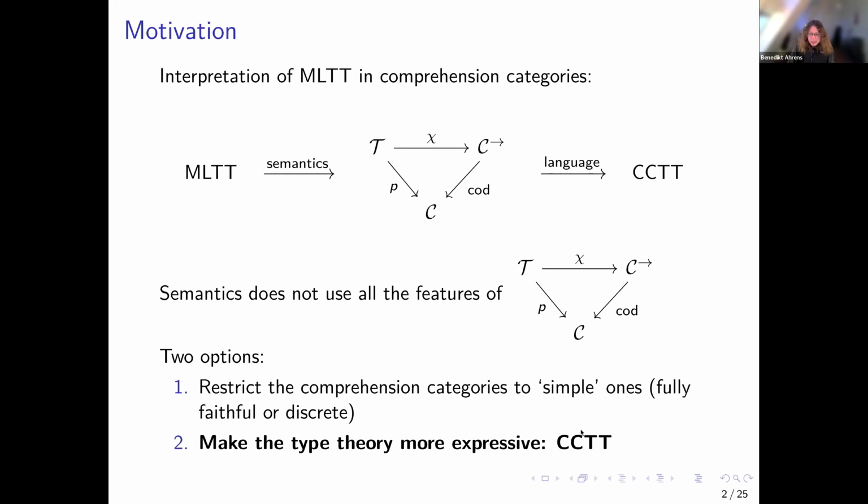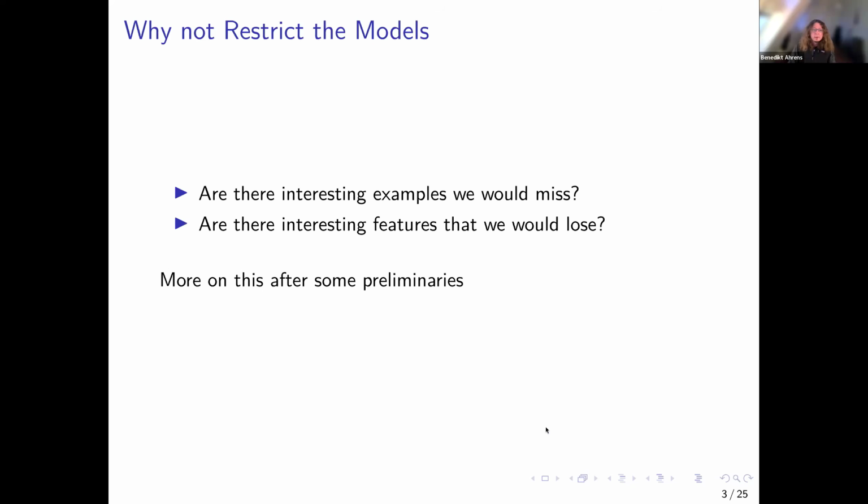We have developed a type theory that we call CCTT, for comprehension category type theory. Not a very good name, maybe. And so this is a more expressive type theory that is custom made to be interpreted in comprehension categories. That's what the talk is about.